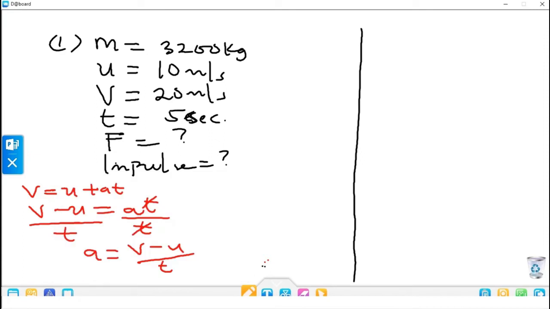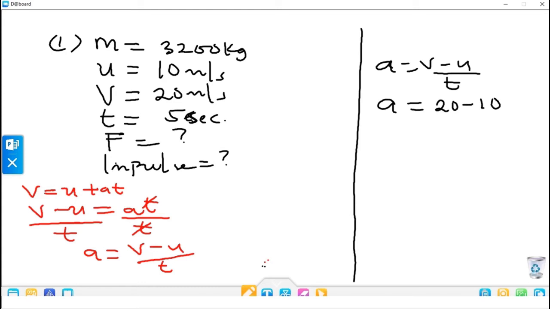And when that is done, we have a equals v minus u all over t. Now v is 20, u is 10.